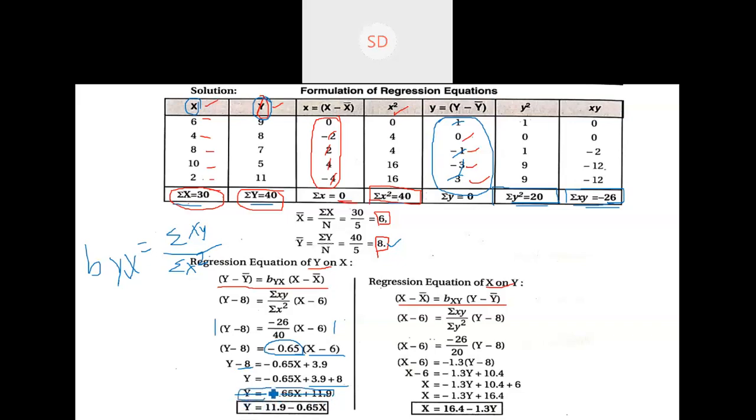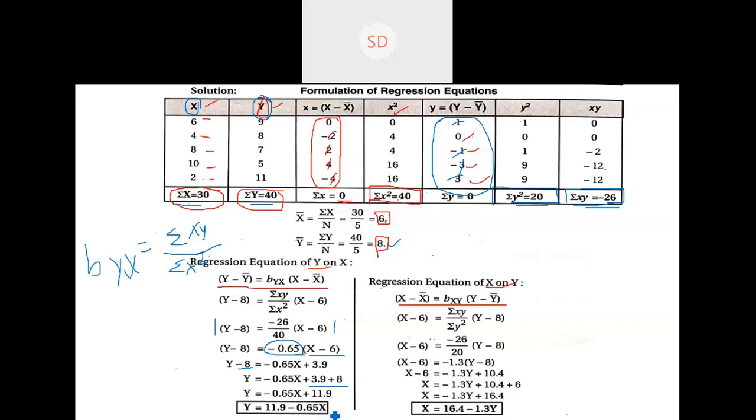Now let us just reframe or move the constant to the first. Why are we doing this? So that you have a positive number in the first. That is why we are doing it. So our first regression equation is y is equal to 11.9 minus 0.65x.